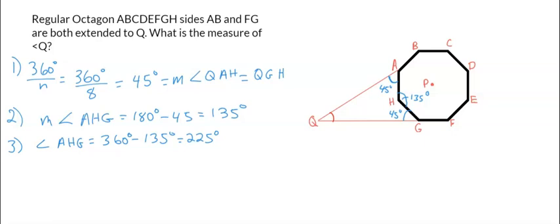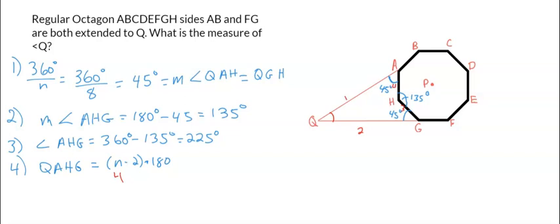Okay, so the sum of the measures of the interior angles of Q, A, H, and G is equal to n minus 2 times 180. Okay, n is 4, because this one has 4 sides. 1, 2, 3 and 4.